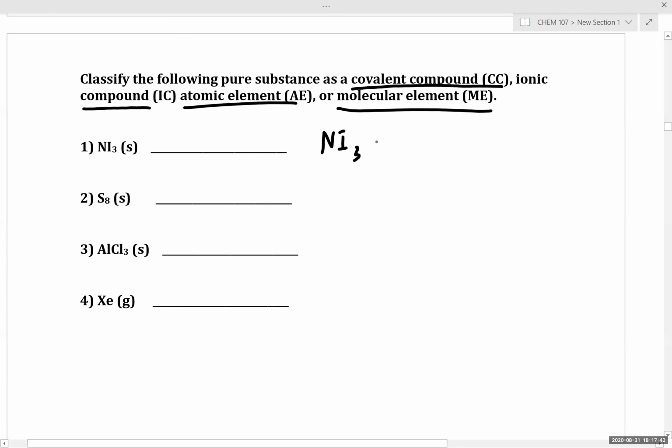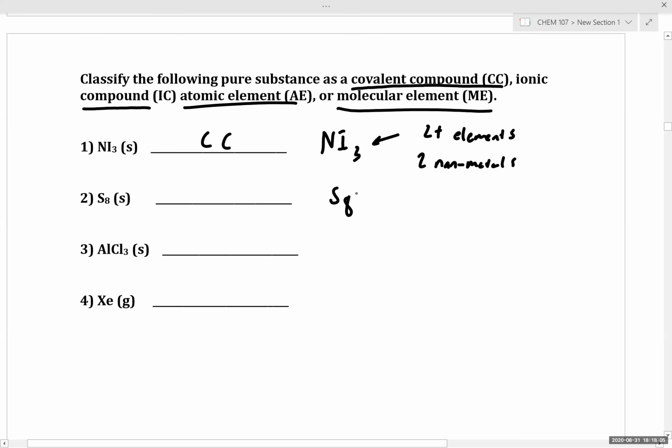So looking at nitrogen triiodide, we have two or more different elements. And additionally, we have two non-metals. So as a result, we classify this as a covalent compound.